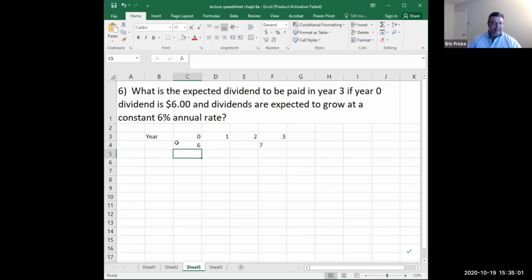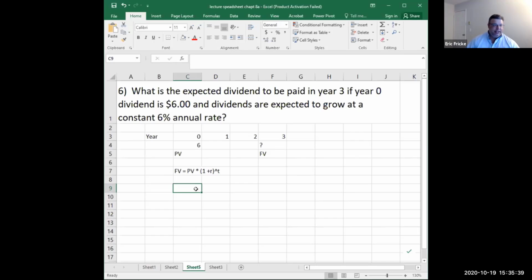Think of year 0 as the PV and year 3 as the FV, and we know it's going to grow 6% per year. So we can use the future value equation, and that should give us the value of the dividends in year 3.